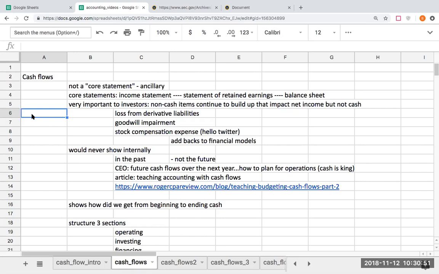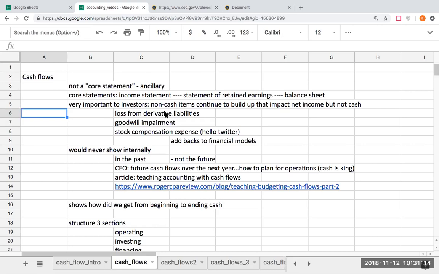The other reason why cash flows are extremely important is that the financial statements have become littered with so many different non-cash items that if I'm an investor looking at a company, I almost need to back out a bunch of stuff.